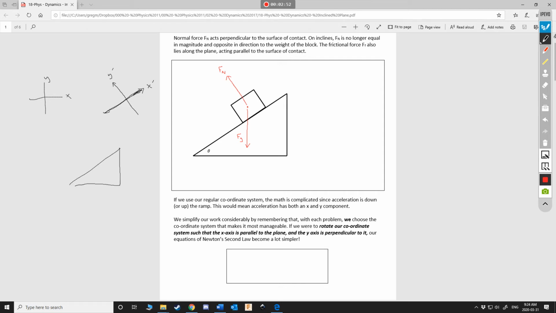If this is the frictionless scenario, and if we have one more, the force of friction would be away from it, always opposing the direction of motion. What we can notice here is a lot simpler. Instead of the net force having x and y components, the normal force having x and y components, and the force of friction having x and y components, we see the force of friction is in our x prime direction, and our normal force is in our y prime direction. However, the force of gravity does have an x and y component, so it's going to be Fgx and Fgy.